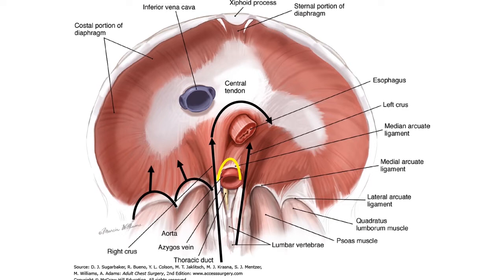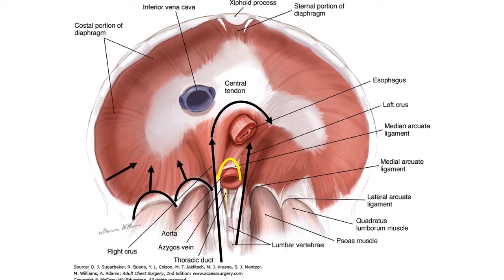So this is the medial arcuate ligament. It is whitish because it is made of the fascia of the muscle coming under the arch, and this is the psoas muscle, and we will see the psoas muscle later on.